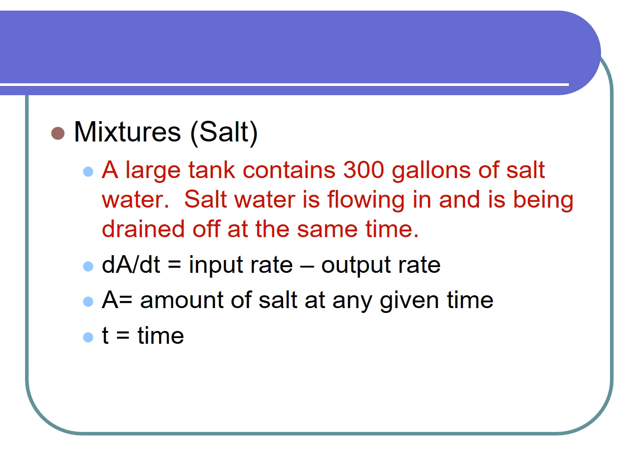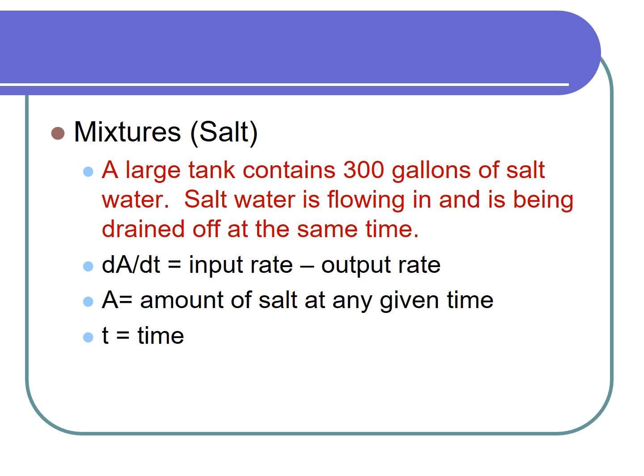Let's look at a little more complicated example. So we're going to think about mixtures, salt dissolved in water. As we go through this example, what's in red would be given to you, and what's in black is the things that you would have to figure out.